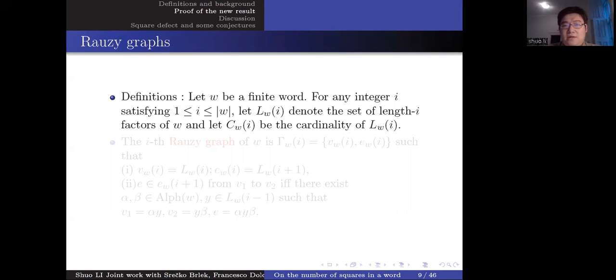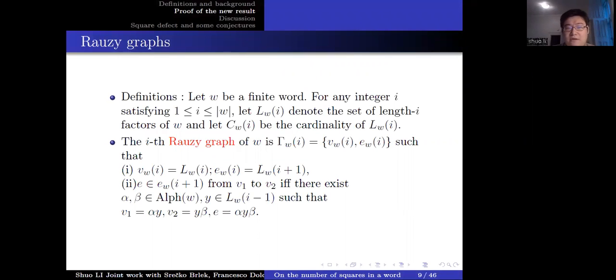So first of all, let me recall the definition of the Rauzy graphs. If we let W be a finite word, then for any integer I between 1 and the length of W, we let W_I denote the set of length I factors of W, and we let C_I denote the cardinality of W_I.